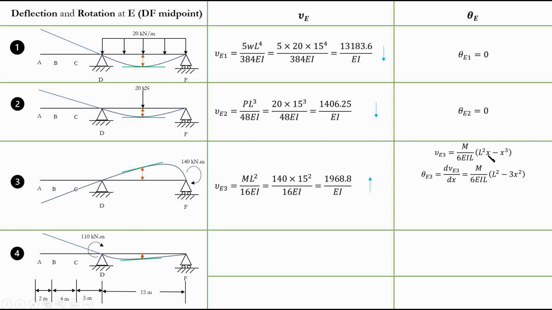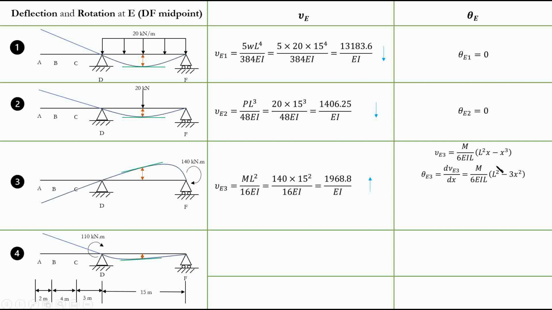By the way, you will probably see that x is outside, right? I just multiplied it in so that it's easier to take the derivative. But you'll probably see in your case Mx multiplied by L squared minus x squared. This is the same thing, right? I just multiplied the x inside. So just take the derivative of this side, because this portion M over 6EIL is constant, so it is independent of x.